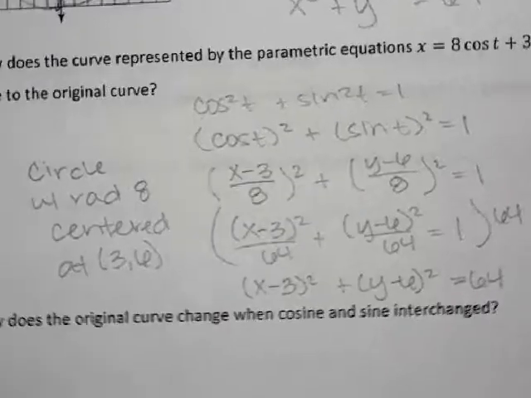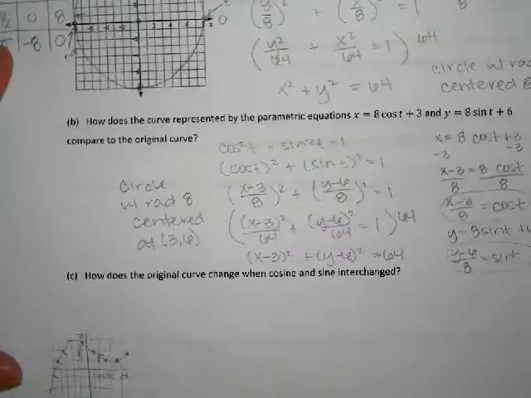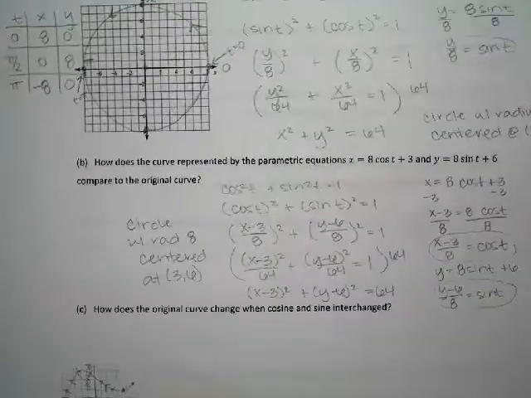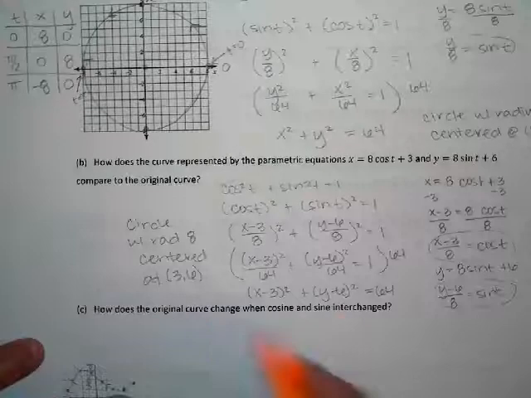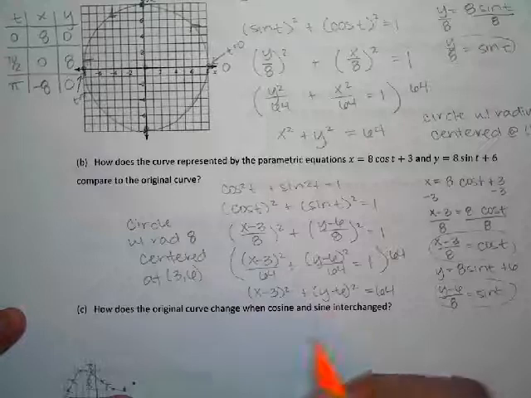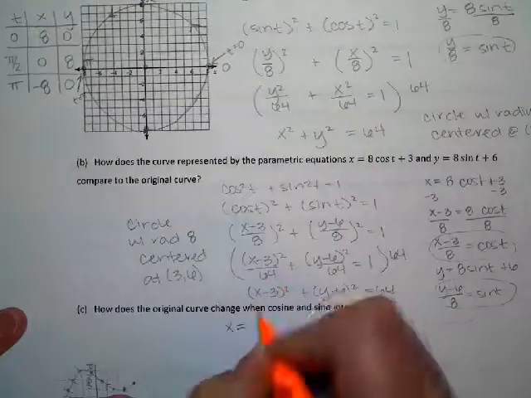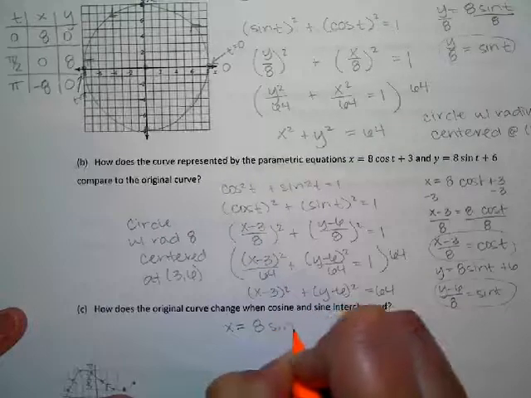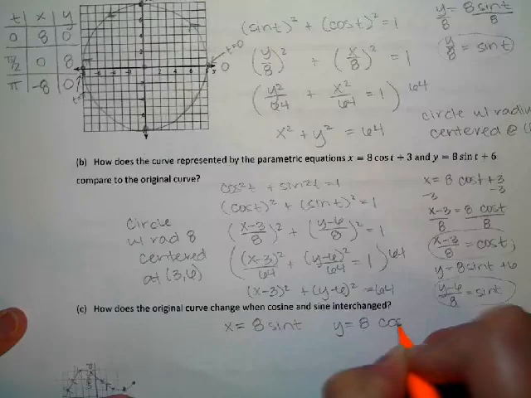Okay. For the next problem, they say, if you take the original curve, but change the sine and the cosine. So if you did x equals 8 sine t, y equals 8 cos t. What we're going to do is take the table that we did before, and we're going to trade the points so we can picture what would have happened.